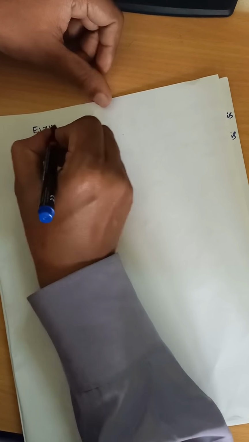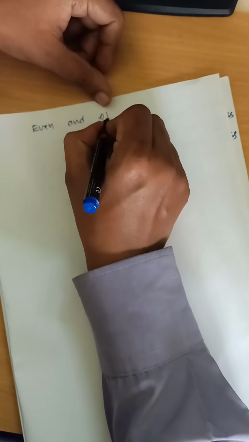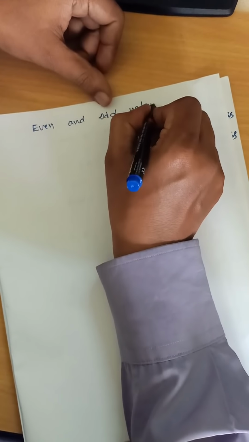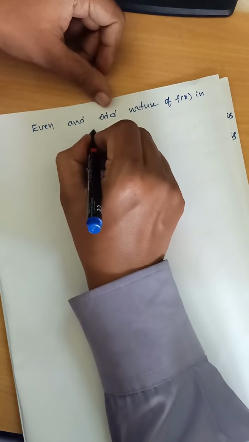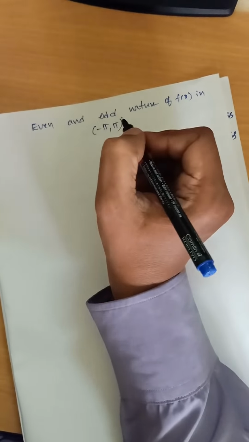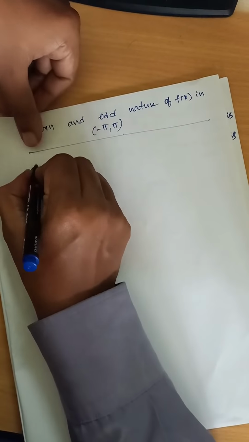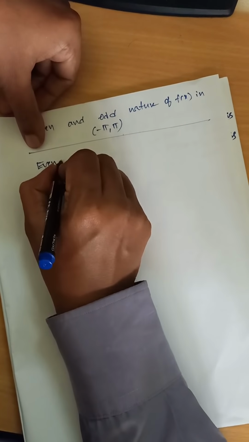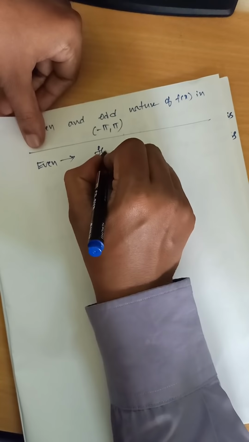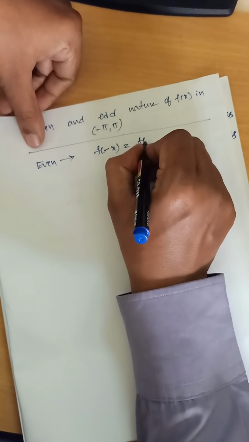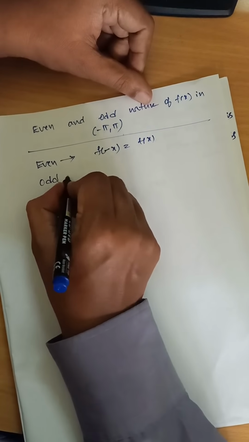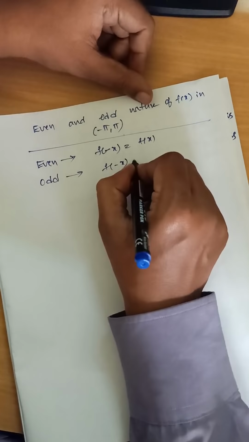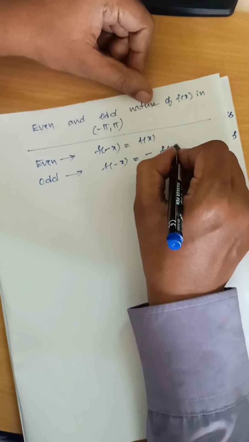Even and odd nature of f of x in minus pi comma plus pi. Condition for even: f of minus x is equal to f of x. Condition for odd: f of minus x is equal to minus f of x.